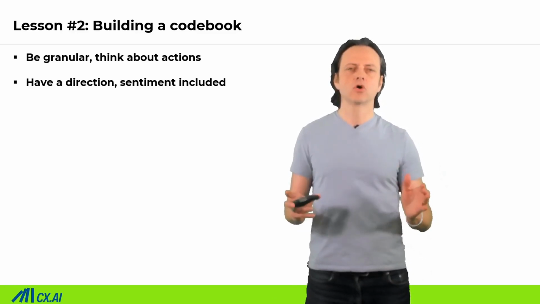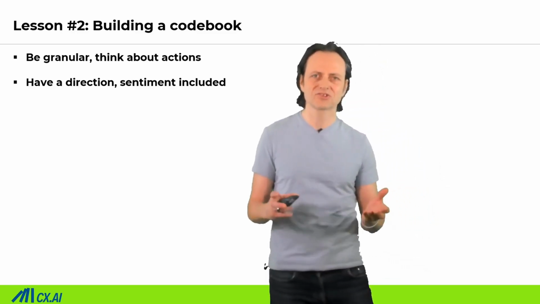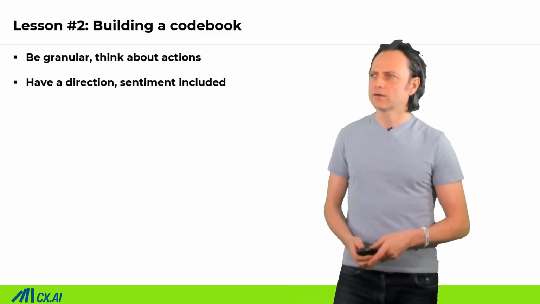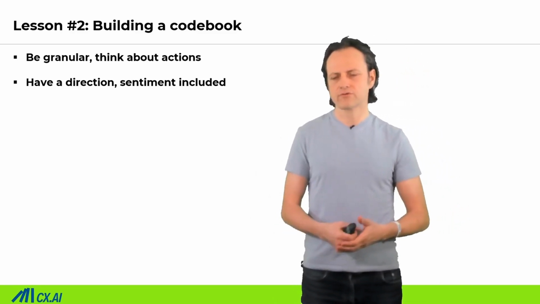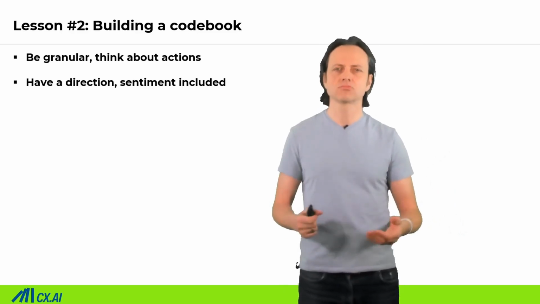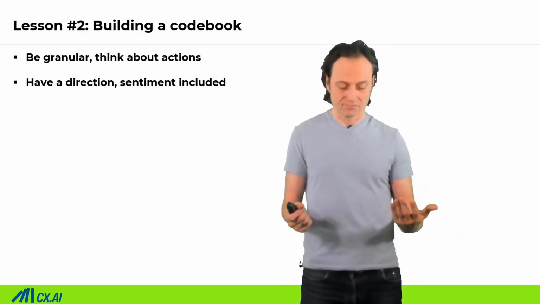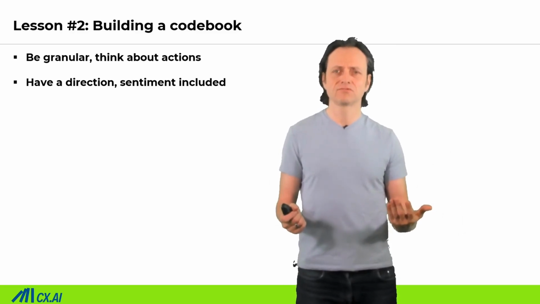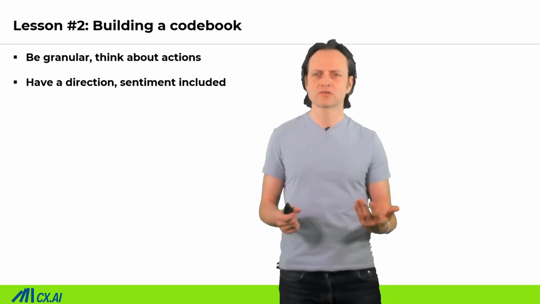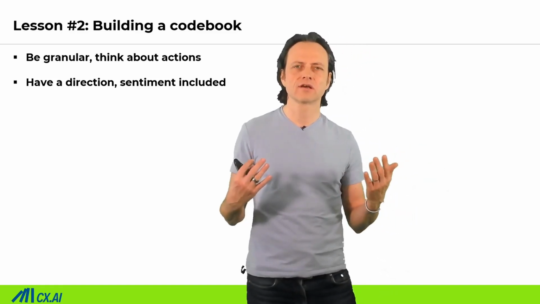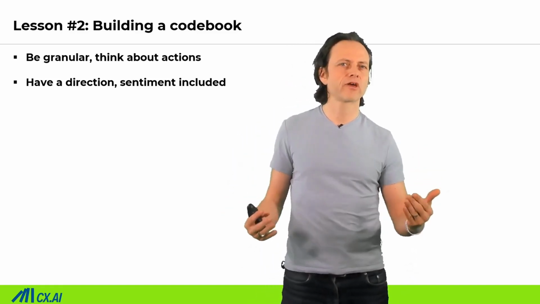Always have codes with a direction. This means actually the code itself has a sentiment. Why? You can of course have codes like price, quality, but actually when people read it, they really don't know how to understand that. When building categories, always construct them so that they have a direction.